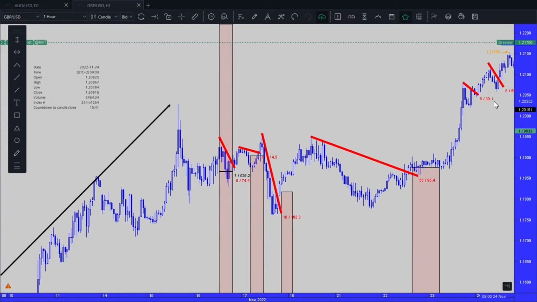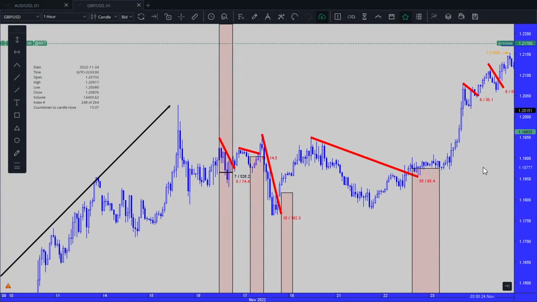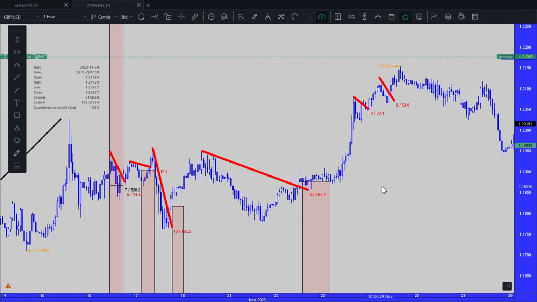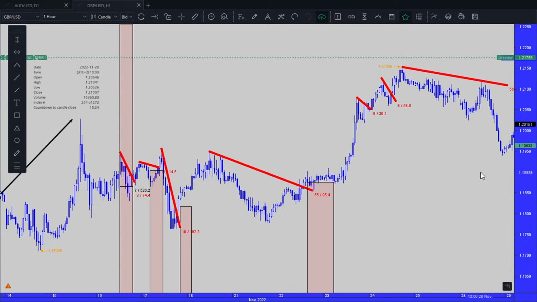Right? I'm going to enter 2 counter trend line breaks in here, and the market is going to go against me, and my account is going to be in red, and I'm going to get scared, right?